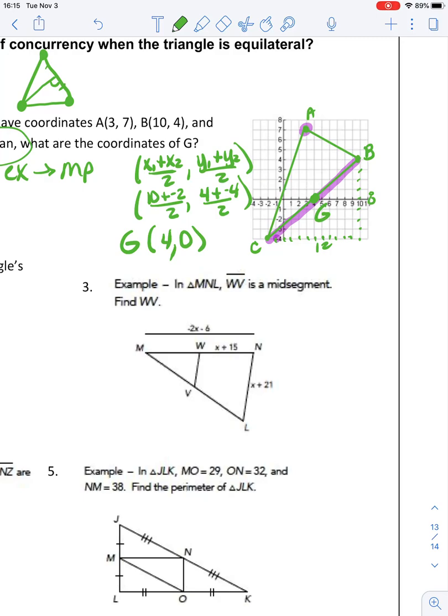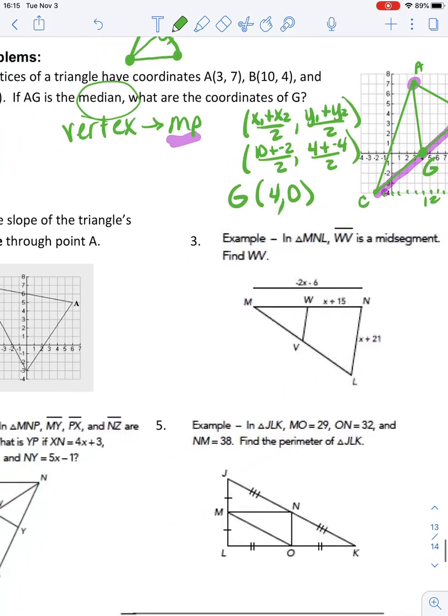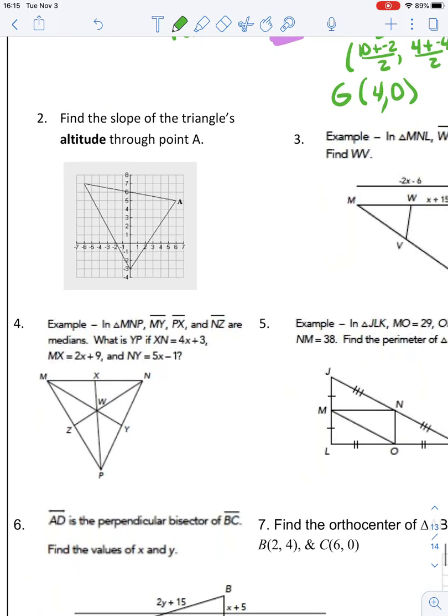Halfway would be over 6 up 4, and you would end up there at G. So you can either use the midpoint formula to find the midpoint, or you can use the grid to find it. Either way, you have to know that you need the midpoint, because that's what the median does. It extends from the vertex to the midpoint. So my actual median, AG, is right there.